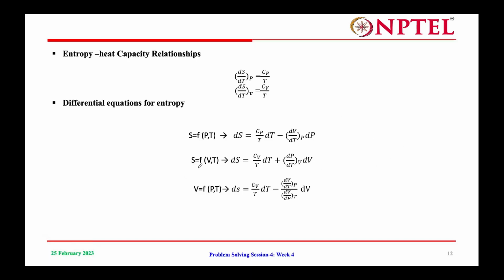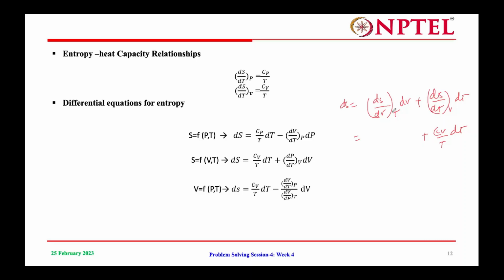So entropy is a function of volume and temperature. So dS is equal to (dS/dV) at constant temperature dV plus (dS/dT) at constant volume dT, right. Now we have (dS/dT) at constant volume, which is equal to Cv by T dT, right.